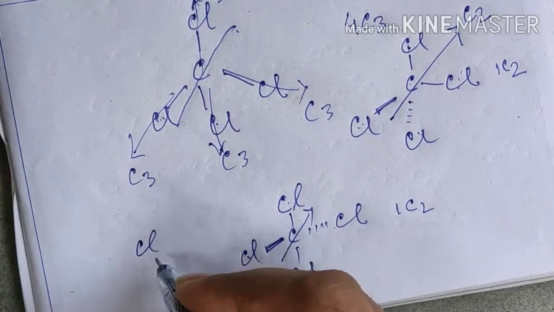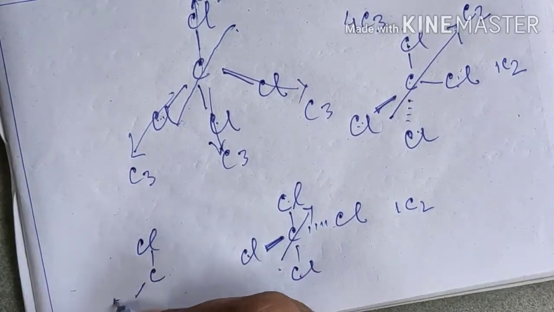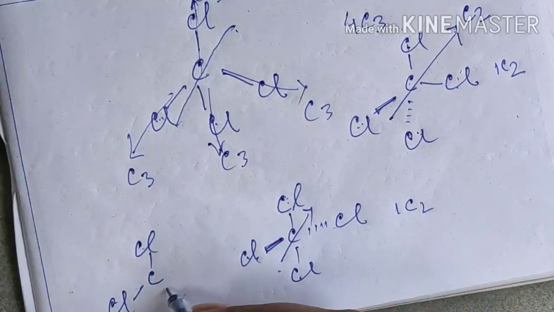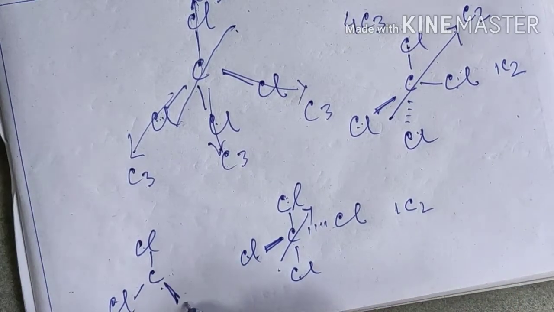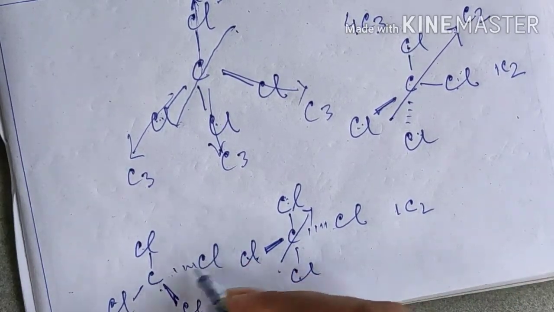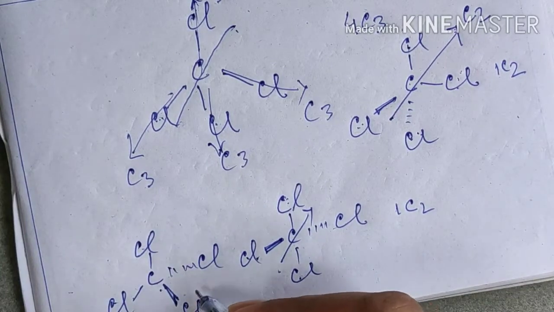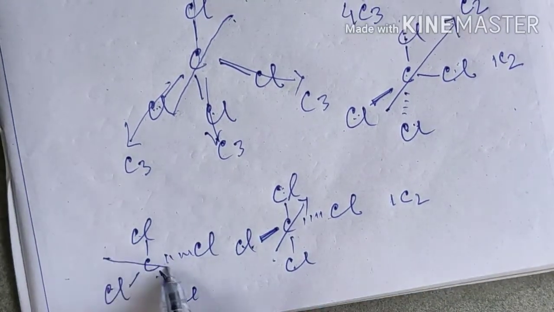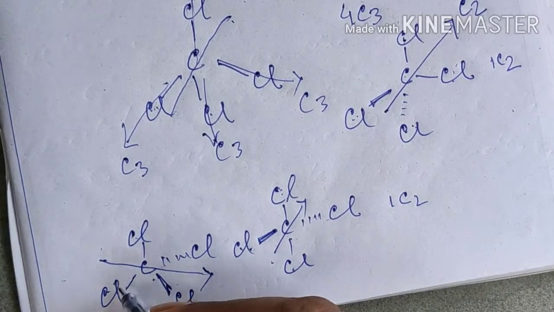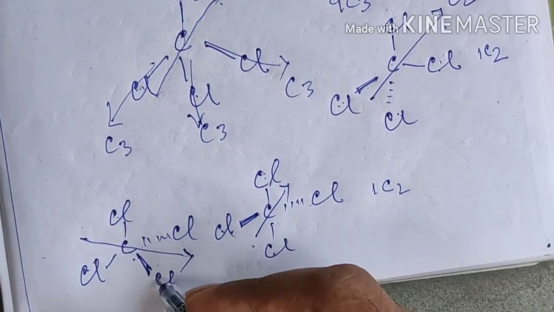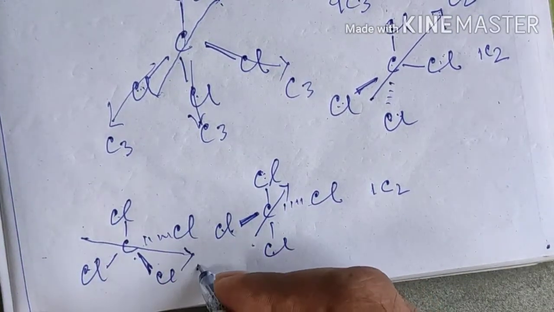In that case these 2 chlorine atoms will be in the same plane, and these 2 chlorines will be in the other same plane, and the C2 axis will pass along this. They will exchange their position, and similarly these 2 chlorine atoms will exchange their position.